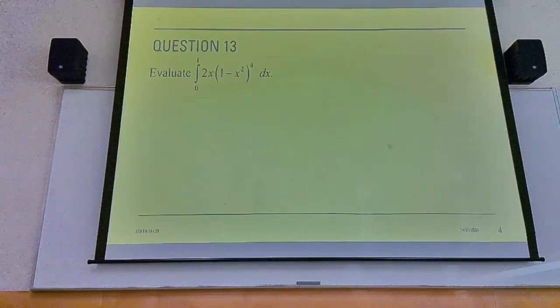u is 1 minus x squared. What's du? Negative 2x. Yes. Do you see a negative 2x dx? No. We do have 2x dx.